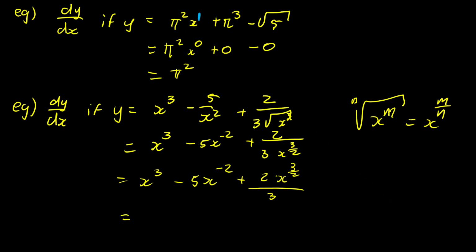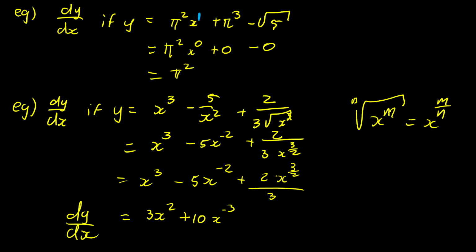And now you find the derivative. So I write dy/dx because I'm finding the derivative. The derivative of x cubed is just 3x squared. The derivative of minus 5x to the power of negative 2 is going to give me positive 10x to the power of negative 3.